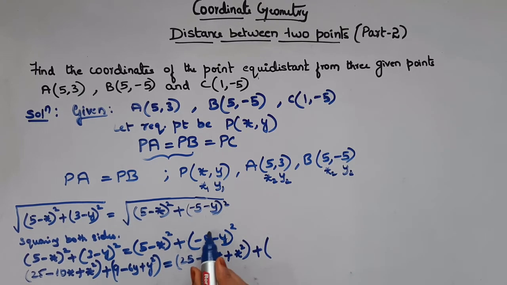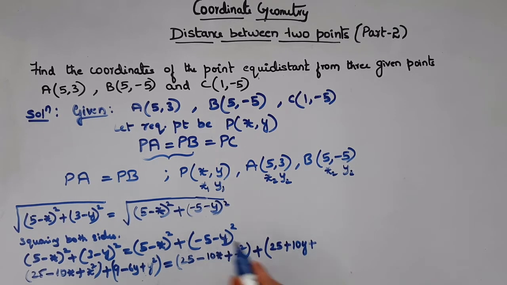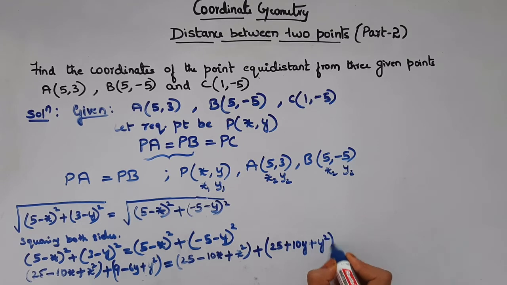Plus, this is also of the form (a minus b) the whole square. So a square is (-5) the whole square, that is 25, minus 2 into a, here a is -5, so minus of minus is plus. So 5 2s are 10 into y, right? So plus b square, here b is y, so we have y square, right?